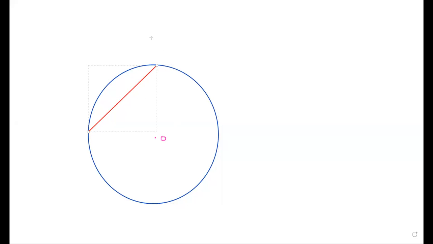So here I have a chord, and let us name it AB. Then I have another chord CD, and CD is equal to AB. You can check, they have equal length.